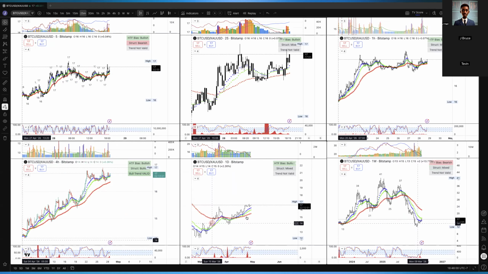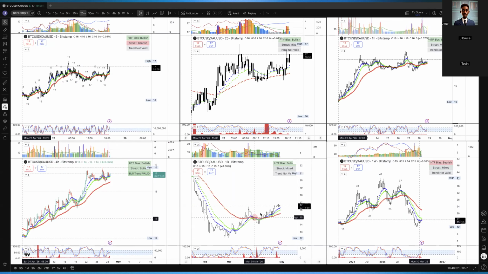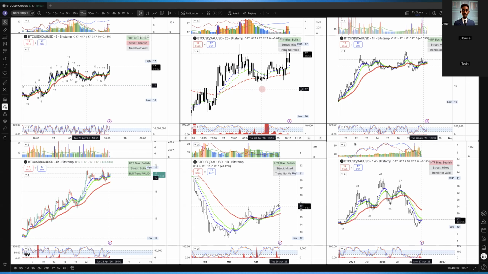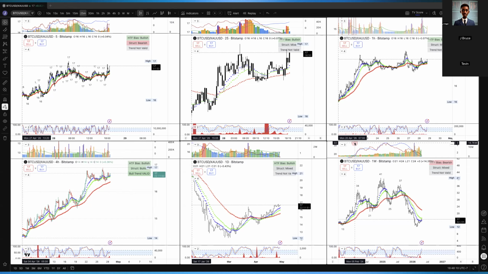We've broken above the resistance. This would be considered a pullback for the most part, but it is showing a little bit more bullish structure and bullish sentiment. However, not enough to overcome everything that I went through in relation to gold having its major run. So just keep that in mind.